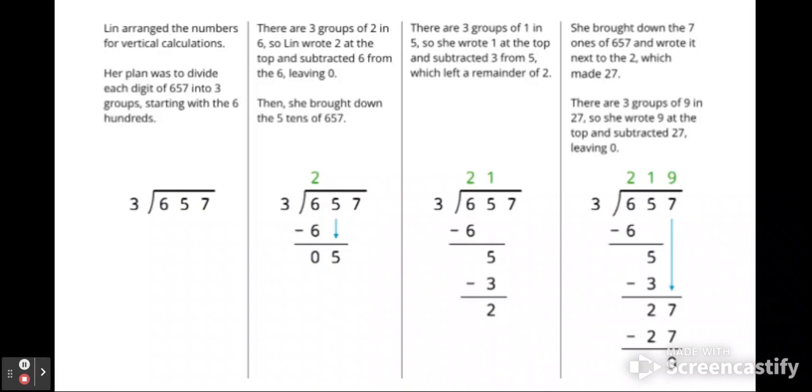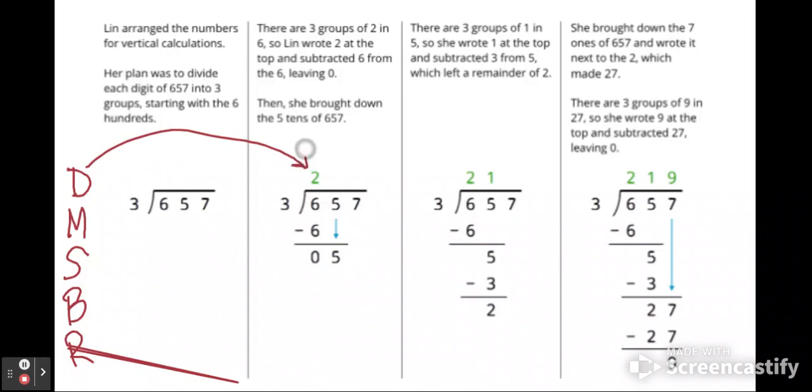A lot of times your elementary teachers may have given you a trick to help you remember what the next step is in long division. We divide first. That's what's happening over here. She is saying 6 divided by 3 is 2.